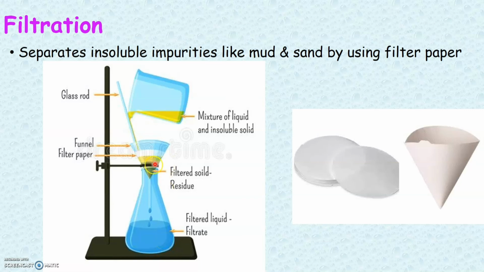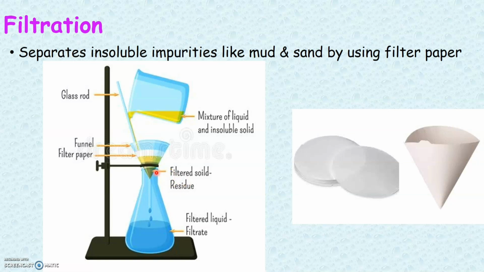So all the insoluble solid particles that are collected in this filter paper are called the residue, while the clear water or clear liquid that is collected below in this container is called filtrate. So filtrate is the clear liquid that is collected in the container kept below the funnel, while residue is the insoluble solid particles that remain in the filter paper.